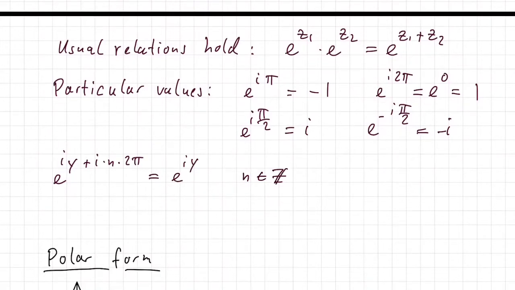So basically, the complex exponential, if you have a purely imaginary argument, is a periodic function with a periodicity of 2 pi.